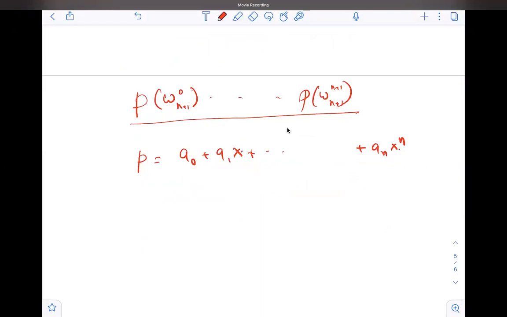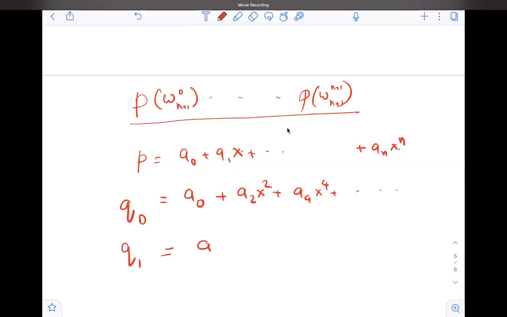So there are multiple ways. One way is you can split up in the middle. The other way is to split up into two parts, let's call them Q0 and Q1. Q0 is A0 plus A2 x squared plus A4 x to the power 4 plus all the even ones.